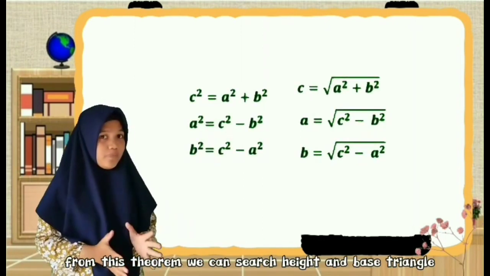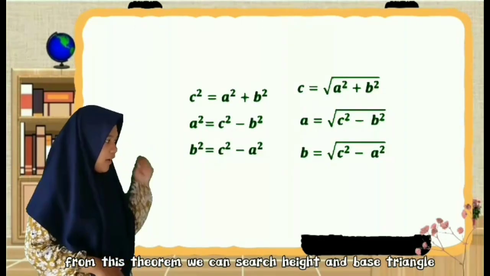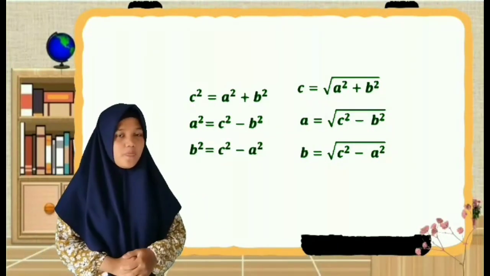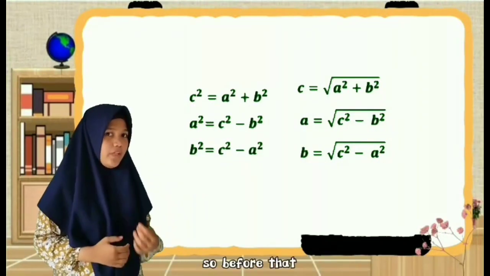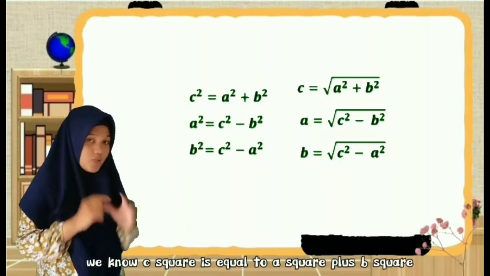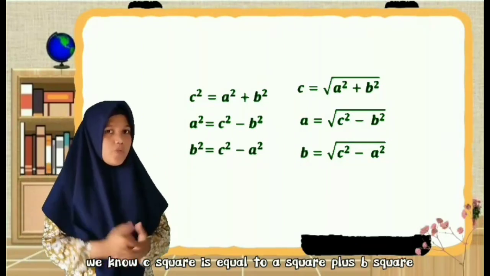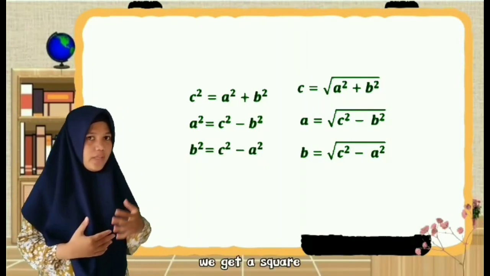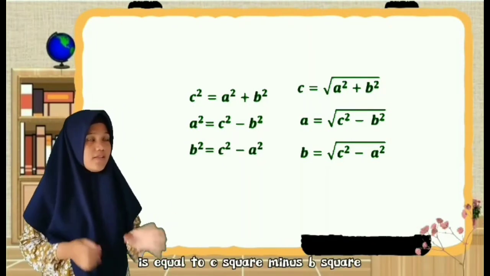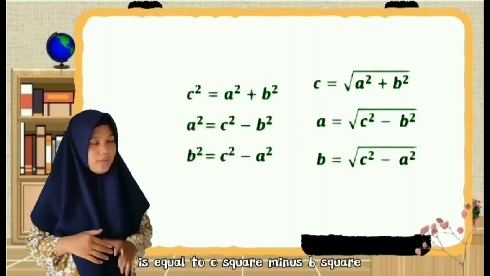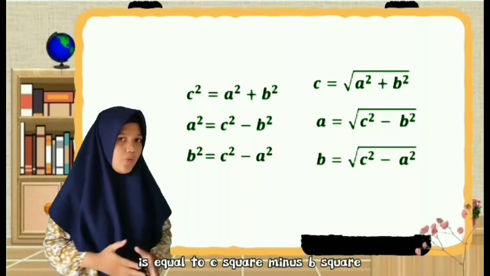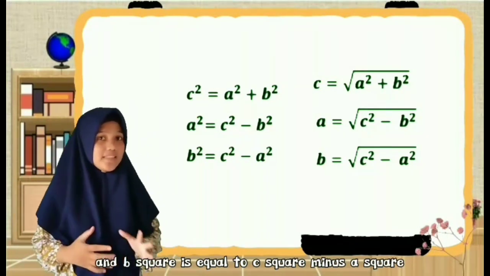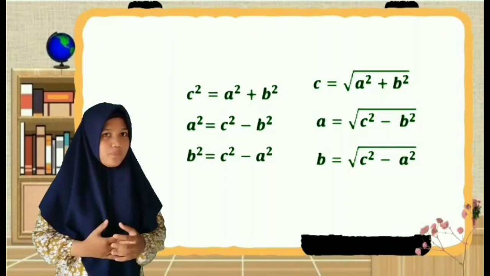From this theorem, we can find the height and base of a triangle. Before that, we know c squared is equal to a squared plus b squared. So to find a squared, a squared is equal to c squared minus b squared, and b squared is equal to c squared minus a squared.